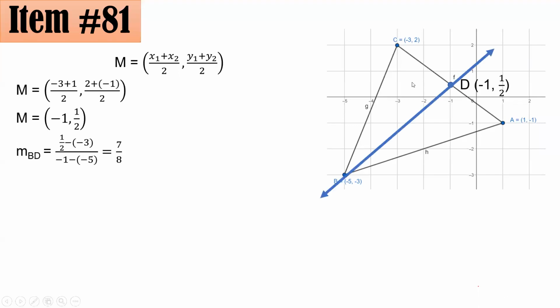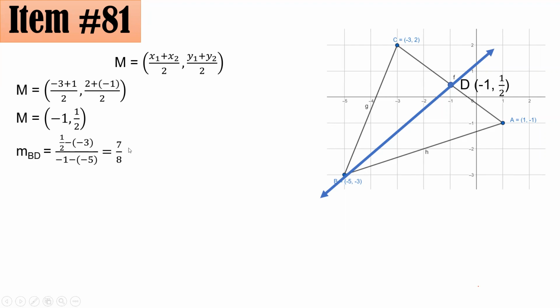The slope of BD is (1/2 minus -3) all over (-1 minus -5). When you simplify it, it will give you 7/8 as your slope.